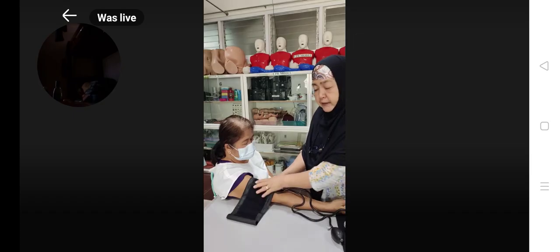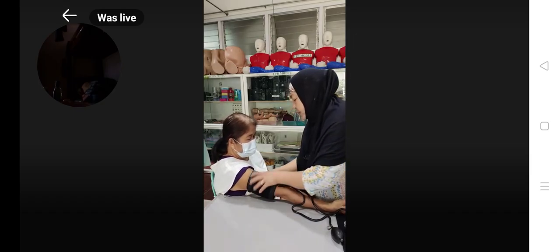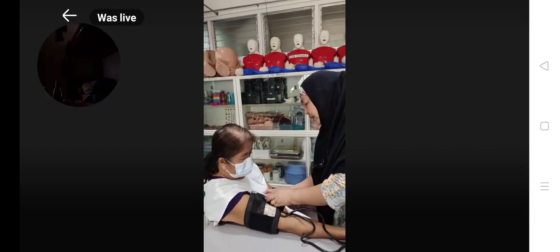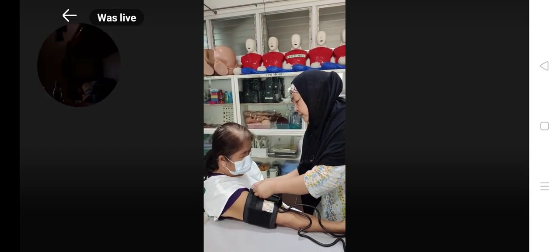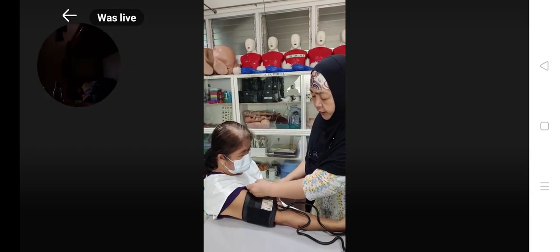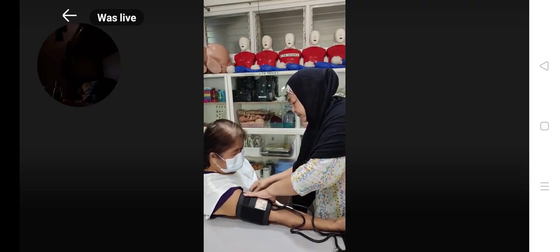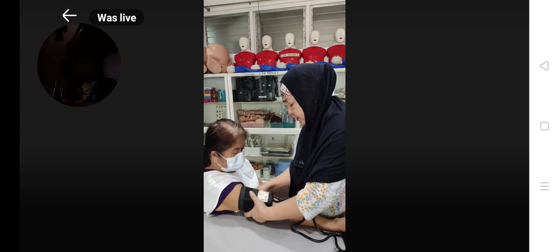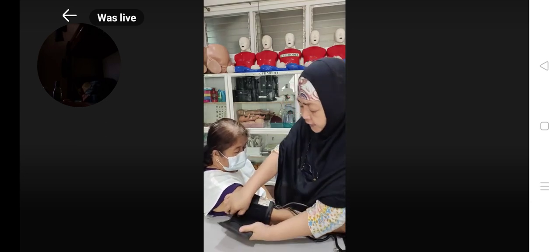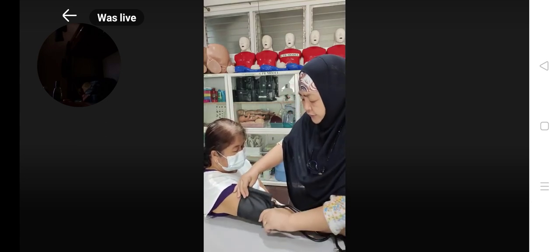Okay. So you have to wrap your BP cuff around the arm of the patient, making it fit snugly, which is not too tight or not too loose, so that you could insert your fingers.